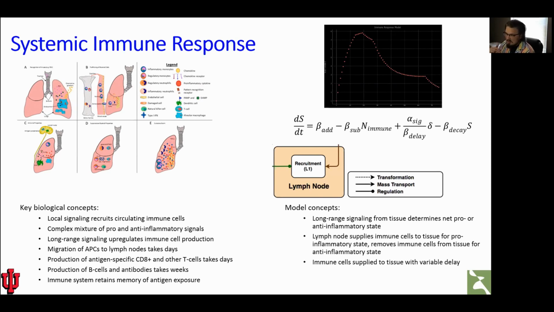And this occurs when the immune system is in the pro-inflammatory state, whereas when it's in the anti-inflammatory state, then it removes immune cells from the spatial domain. And we do this making sure to model something that represents a notion of variable delay.